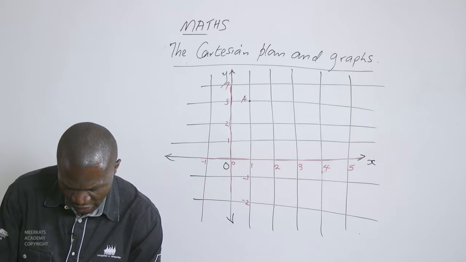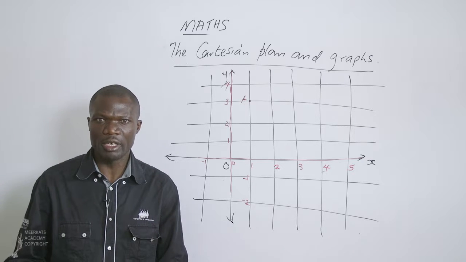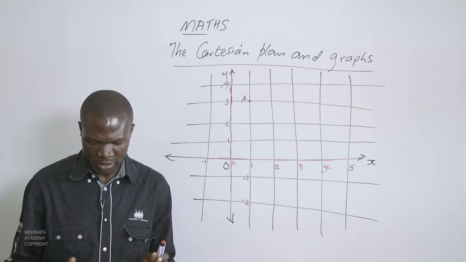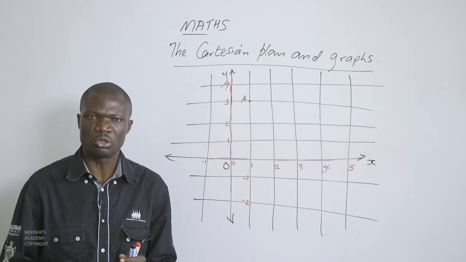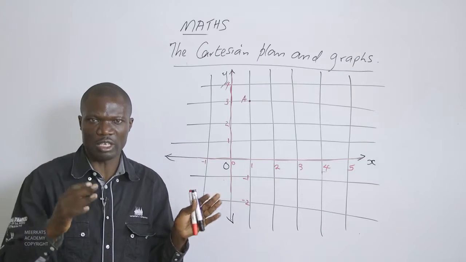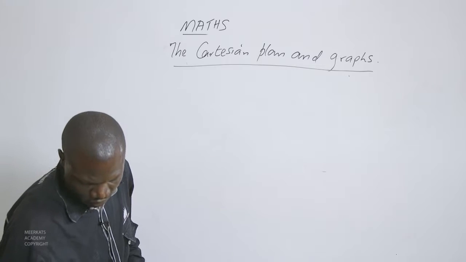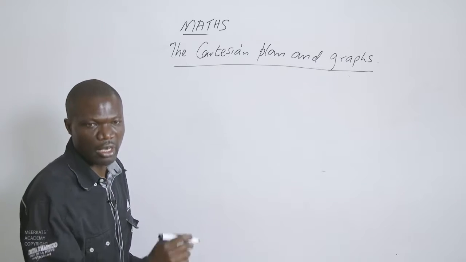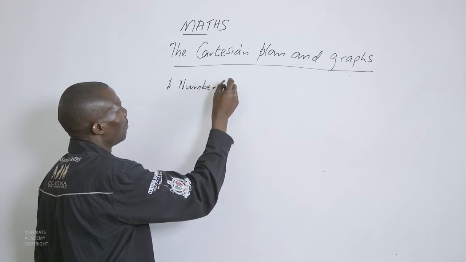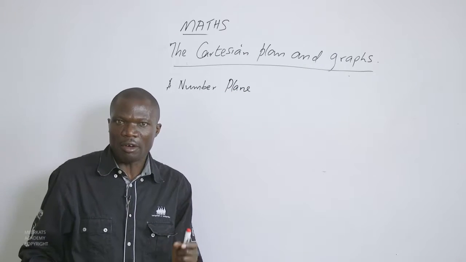So to understand this, we need to have a few areas that we need to understand. I want us to look at basic terms and situations that we are going to use as we go through the Cartesian plane and be able to locate the coordinates on it. So I want us to understand what we call a number plane.